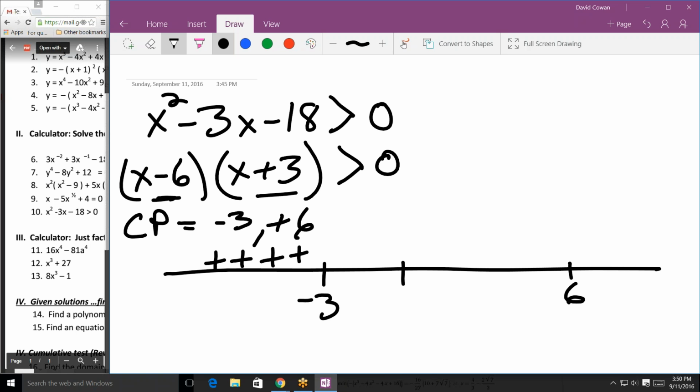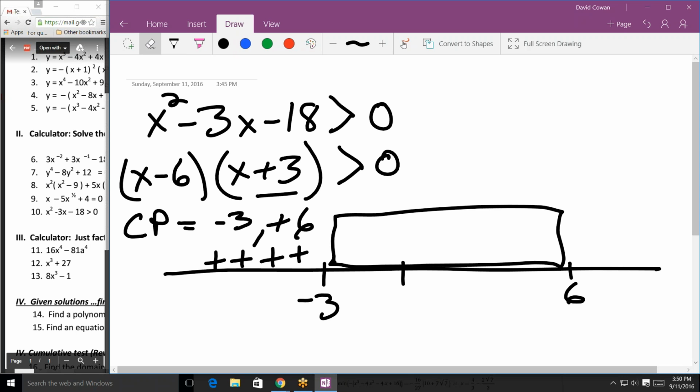Okay, now we need to check this area here. Pick a point between -3 and 6. 0. Always the best point if you can pick it. What's x minus 6 when x is 0? -6. Just negative. Again, I don't care about the 6.